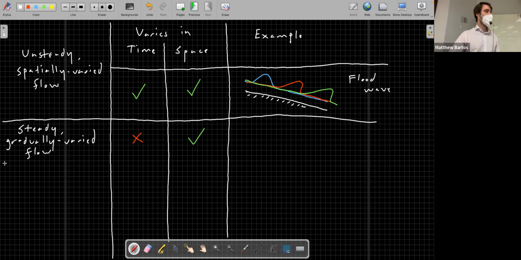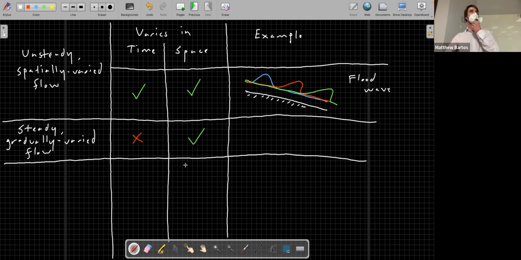What's an example of gradually varied flow that you may have encountered in hydraulics? Yes, that's the exact example I was going to give. Often we can just refer to this with the general term backwater effects.